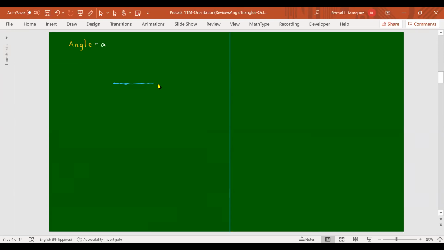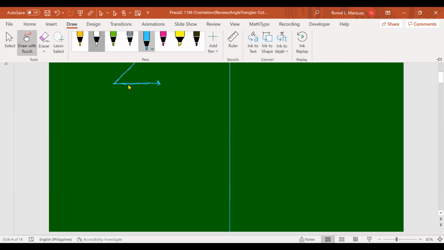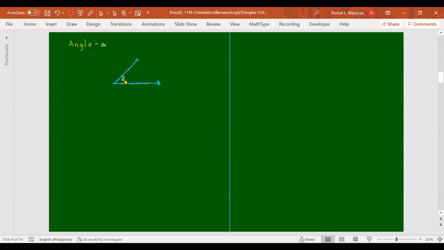After this, you're going to move this line to form another line here. So that's what an angle is geometrically.